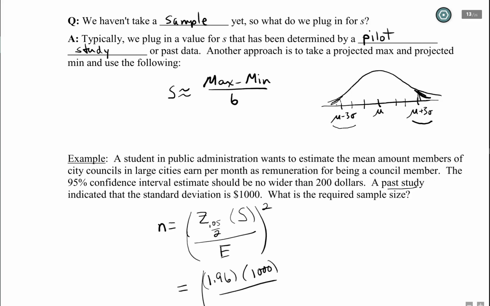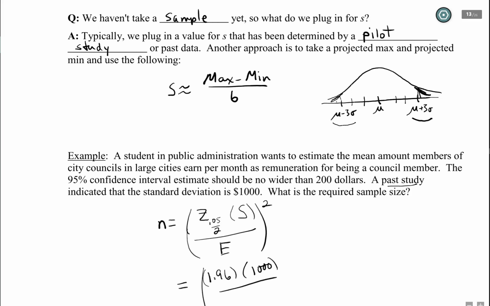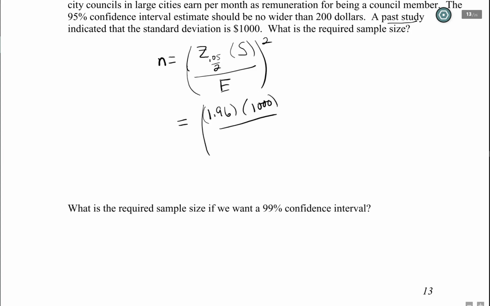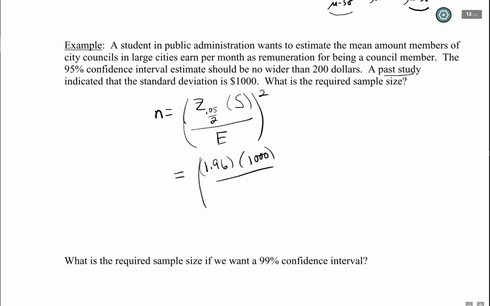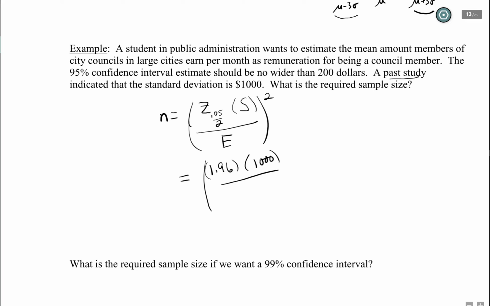Okay, so we didn't actually have to use this particular technique up here. So 1.96 times 1,000 over E. E here is the half width of my interval. So what do I have? The 95% confidence interval estimate should be no wider than $200. So the interval should not be wider than 200.